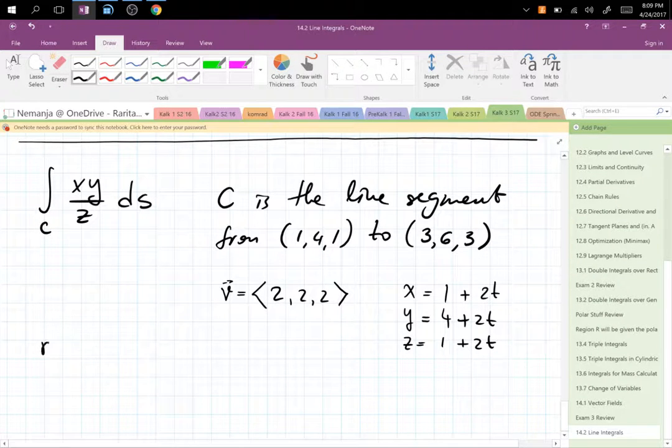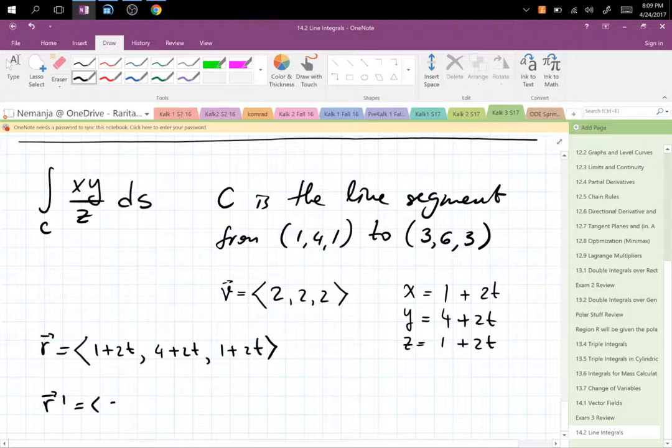So our vector r is 1 plus 2t, comma 4 plus 2t, comma 1 plus 2t. Our r prime is 2, 2, 2, and the magnitude of r prime is clearly 2 root 2.